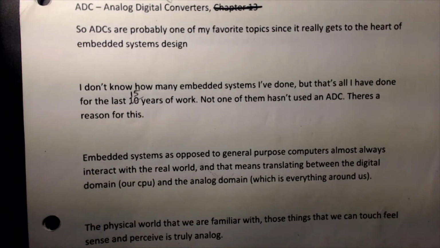Embedded systems, as opposed to your standard computer or any general purpose computing device, almost always interact with the real world. Embedded systems are small devices that interface directly with the real world. And the real world is not digital.